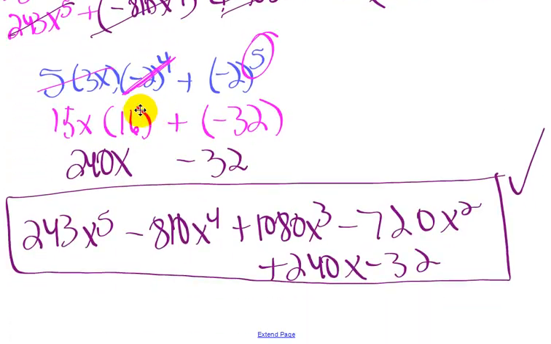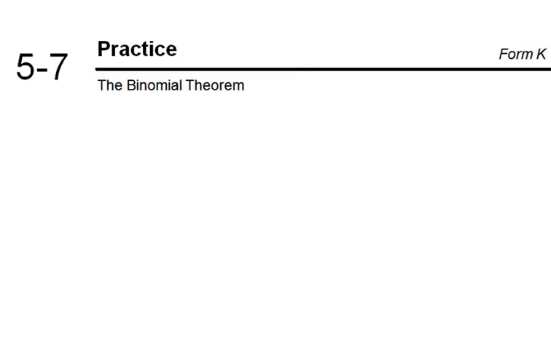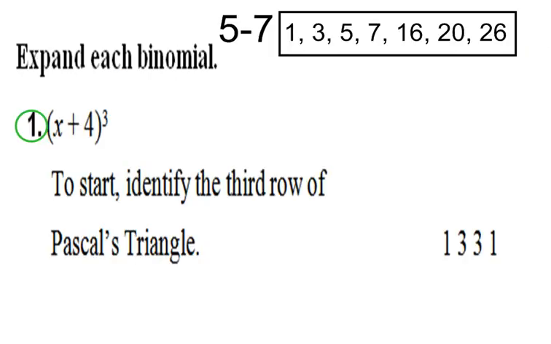All right. So your problems for homework tonight, I'll work the first one with you, but you're going to work problems 1, 3, 5, 7, 16, 20, and 26. And they're all quick and easy. I hand-picked these.